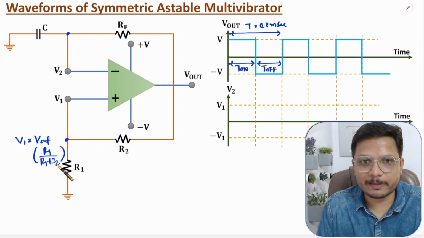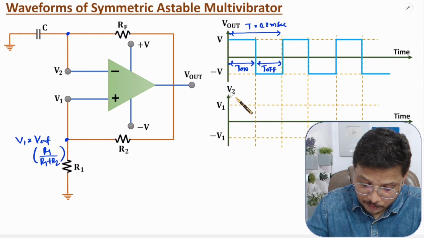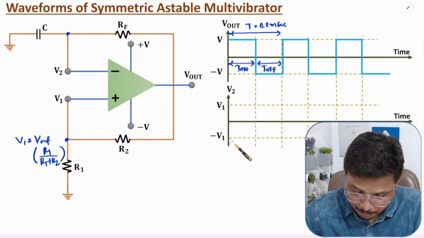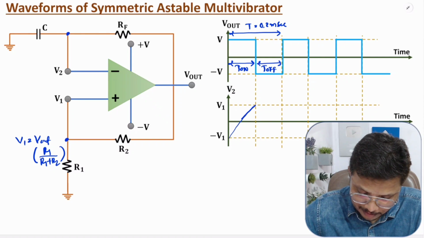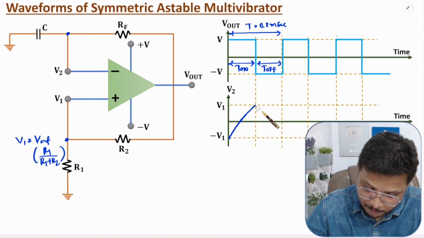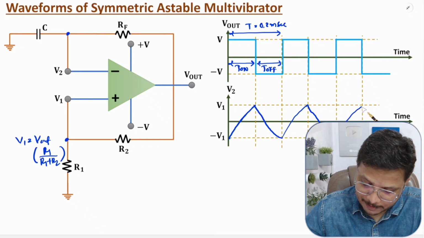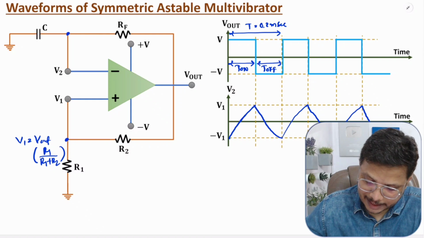That is what I have explained you in theory. And during T on, this V2 will be changing from minus V1 to plus V1, and during T off it will be changing from plus V1 to minus V1, and that is how waveforms will be appearing, right? So that is what I have explained in theory portion, right?